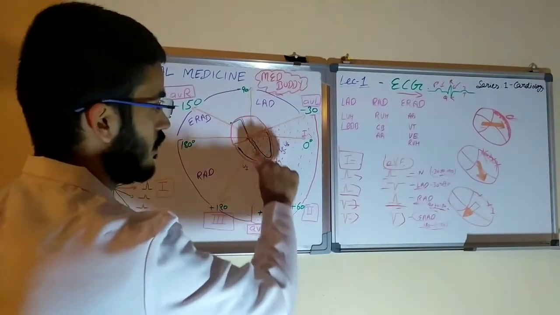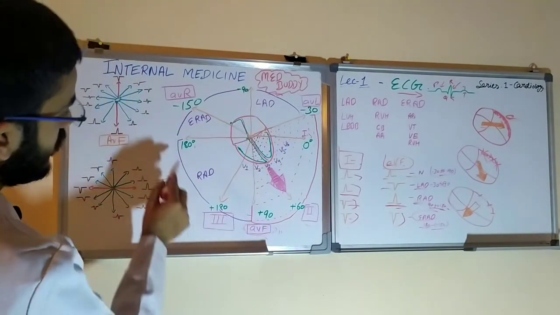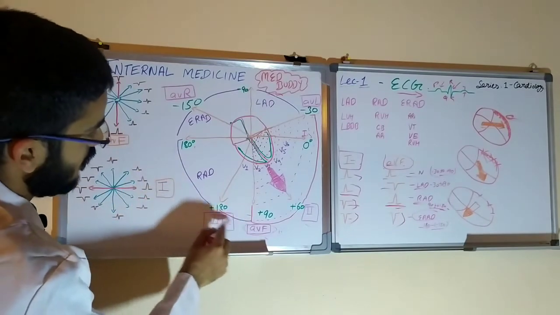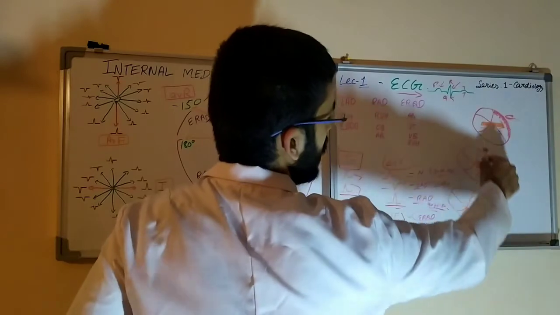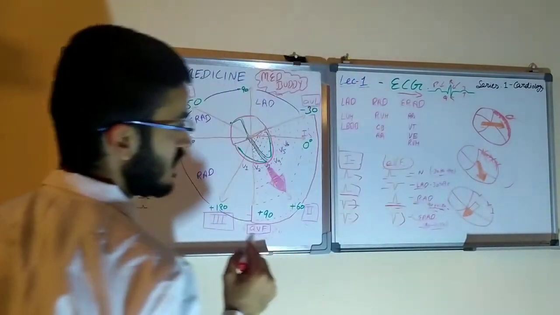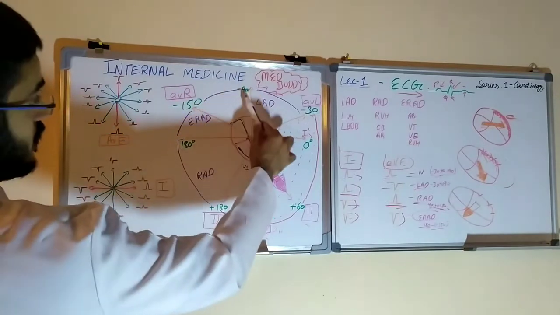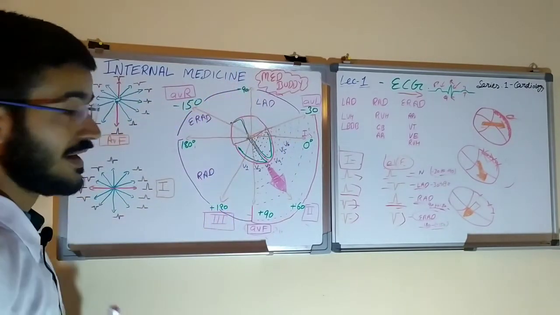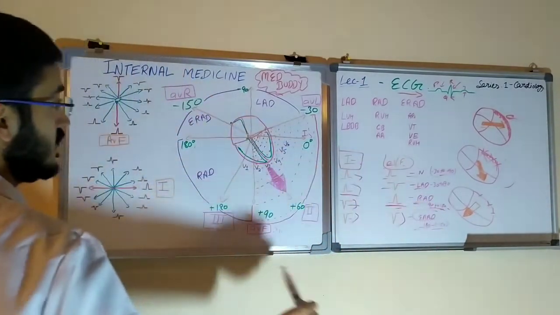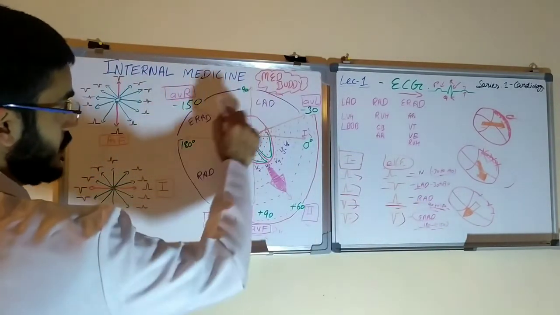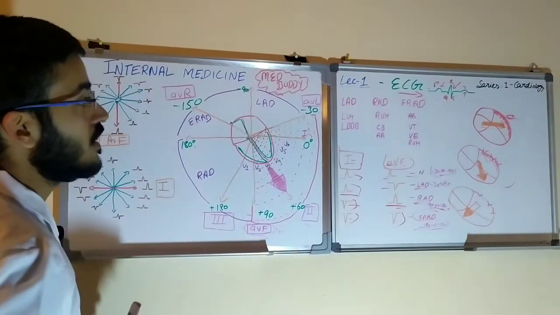If there is right axis deviation, that is a little bit right here, this complete region is going to be the deviation towards the right axis, and it happens in such conditions as I already explained. And if there is extreme right deviation, this region is the region of extreme right axis deviation, that is between 180 to -150. It is the extreme right axis deviation.